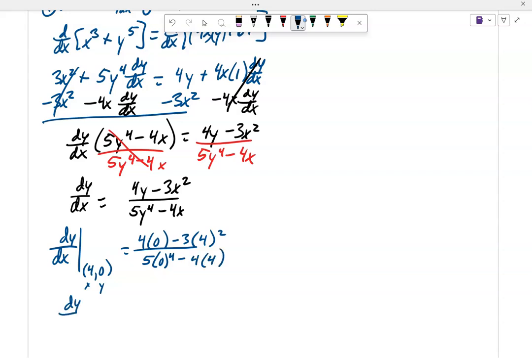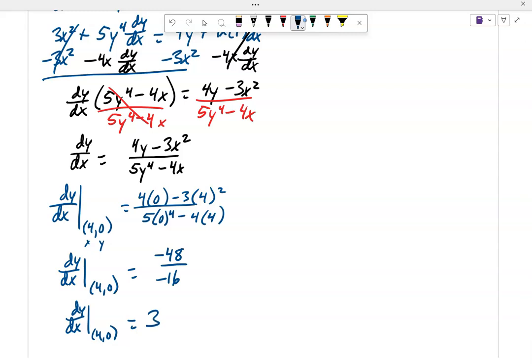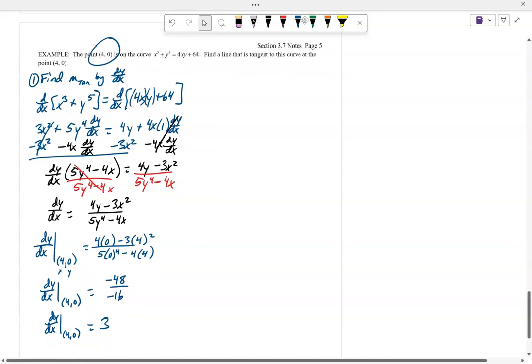And so the slope of the tangent at (4, 0) ends up being 0 minus 3 times 16. 3 times 16 is 48. So I got negative 48 over 0 minus 16. Negative 48 over negative 16. The slope of the tangent line there is 3.